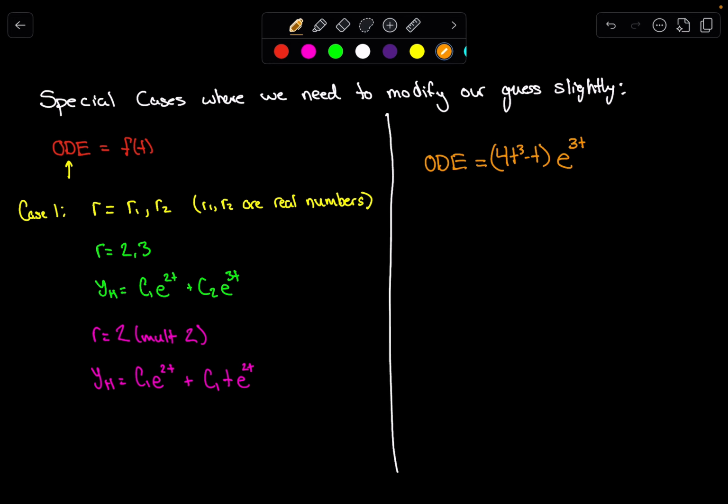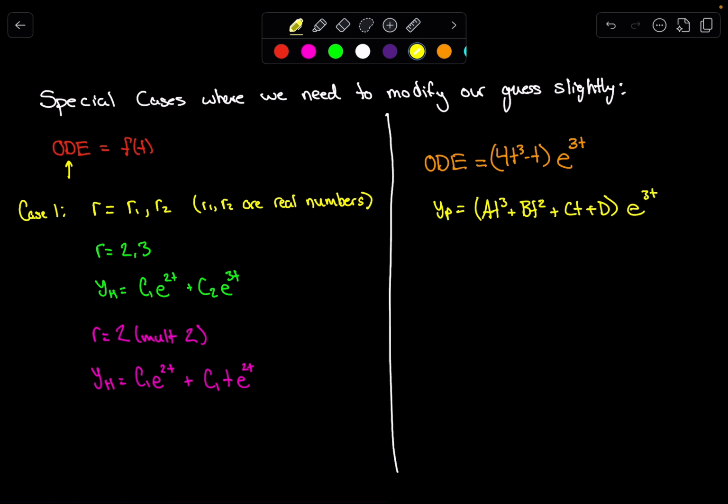Your very first natural guess for the particular solution would be that y sub p is equal to some cubic, at cubed plus bt squared plus ct plus d, times e to the 3t. This would be a very natural guess.